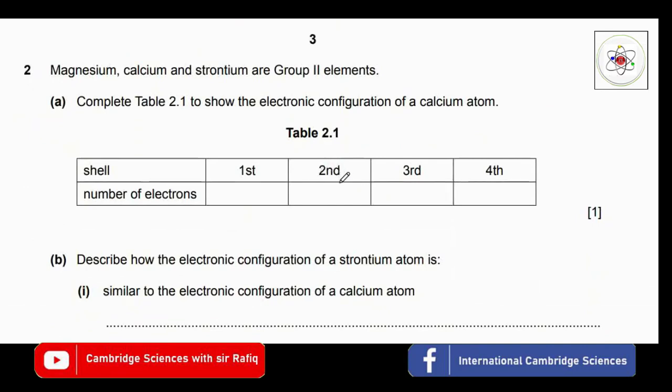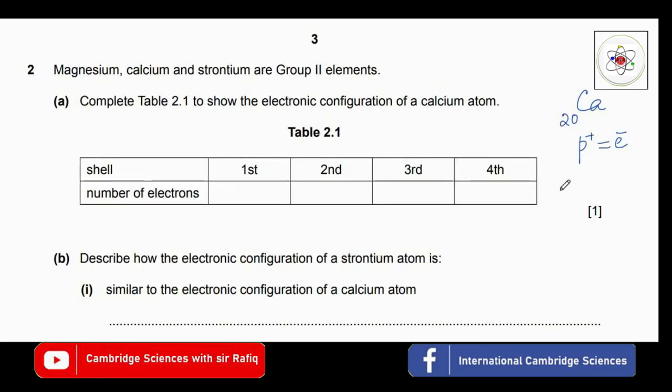Moving on, question number 2. Magnesium, calcium, and strontium are group 2 elements. Complete table 2.1 to show the electronic configuration of a calcium atom. As we know, the proton number of calcium is 20. We also know that the number of protons in an atom is always equal to the number of electrons. Calcium atom has 20 electrons as well.